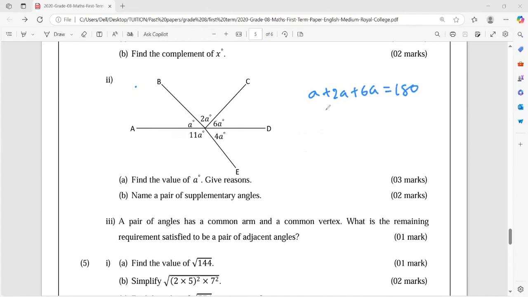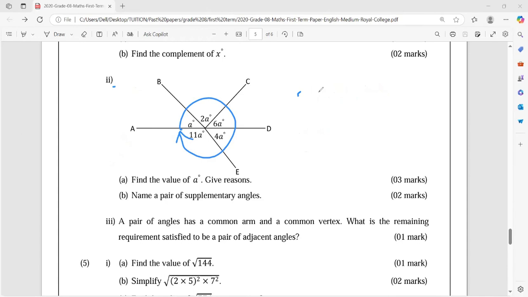We cannot write this, because we have not been given that AB is a straight line. We don't know whether AB is a straight line. Therefore, we cannot use this 180 equation. So we can write rather 360, because the angle around one point is 360.